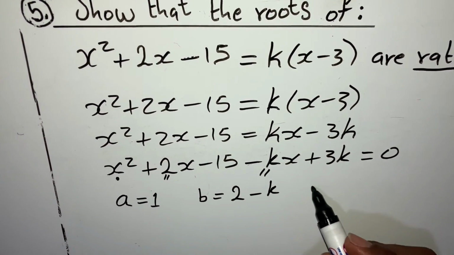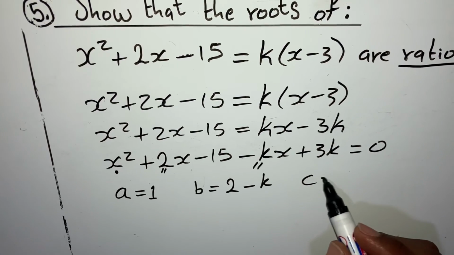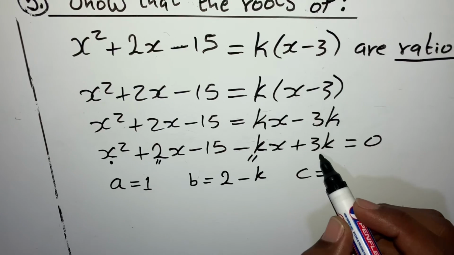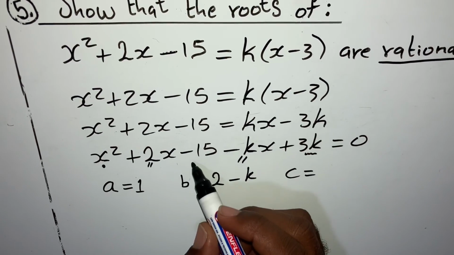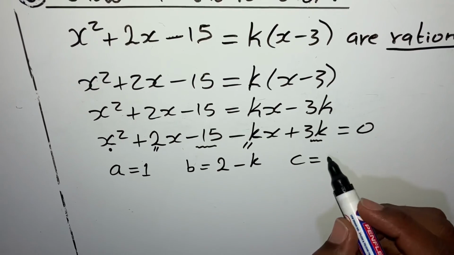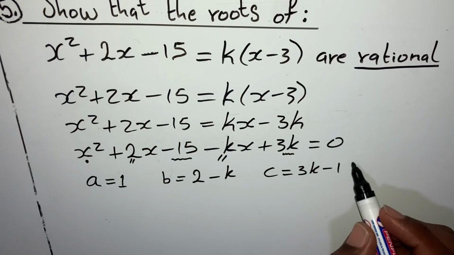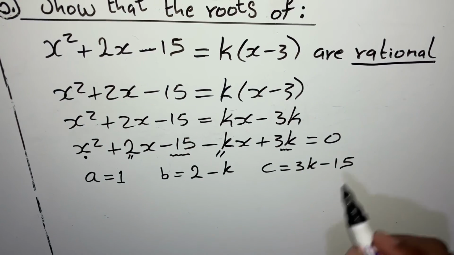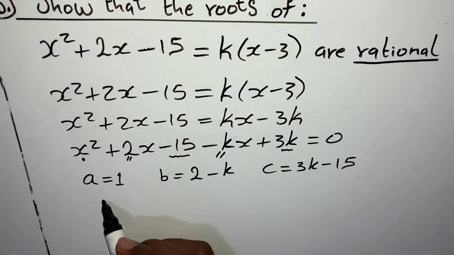Then we go for our c. For our c, we have 3k and then negative 15. So 3k minus 15.